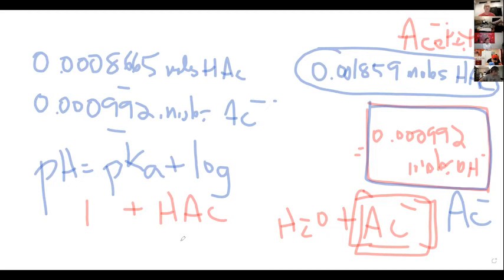If you convert them both to a molarity, it doesn't affect the ratio between them. So you can go ahead and do that, but it doesn't really matter. And I think it's A minus over HA, right?